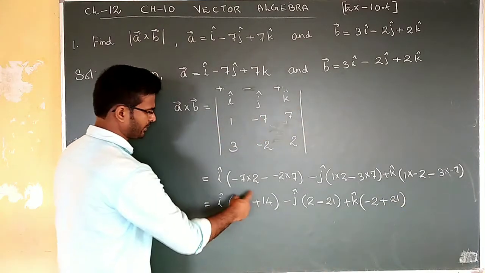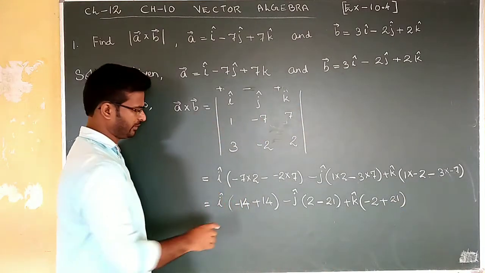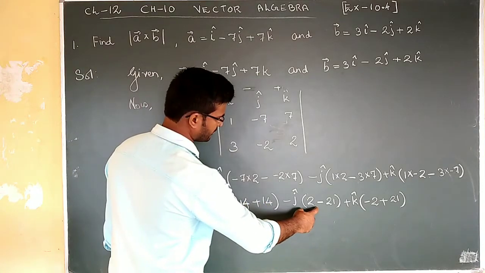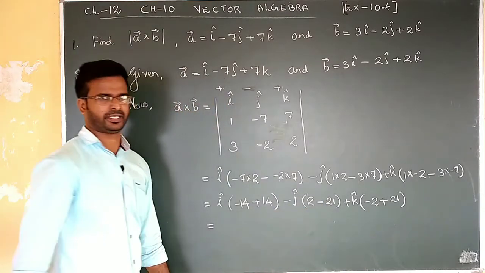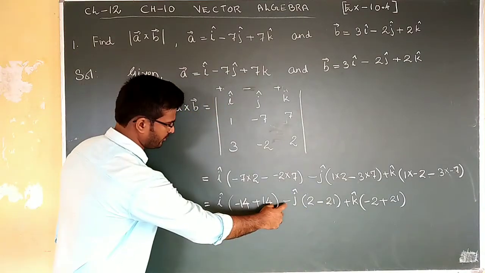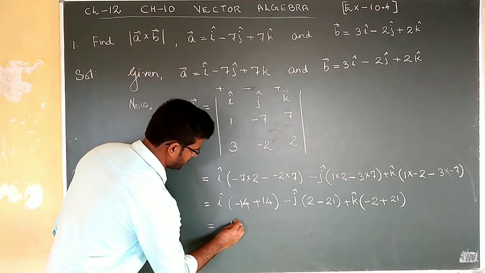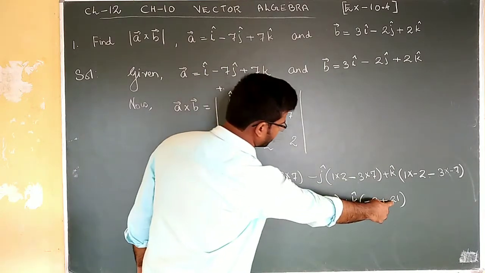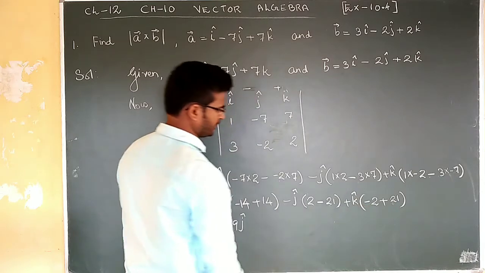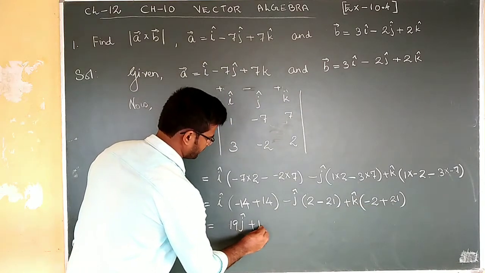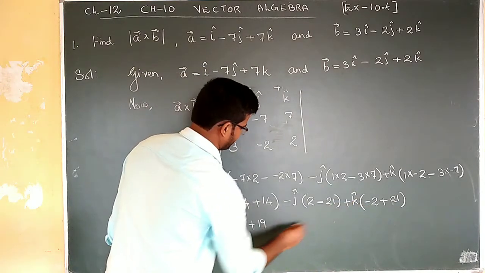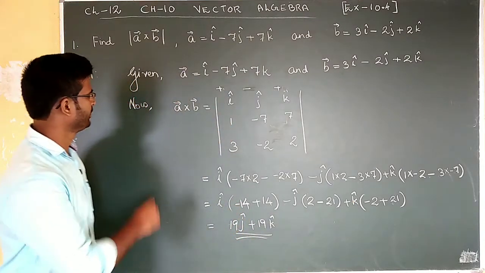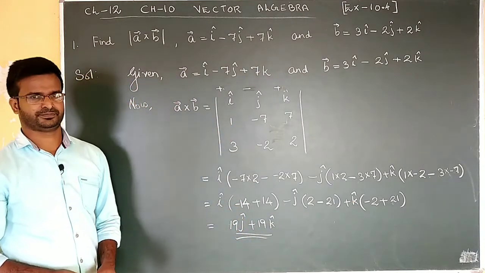What do we get for this part? This part will be 0 only: minus 14 plus 14, 0. Then here 2 minus 21 is minus 19. Minus 19 into minus j is plus 19j. Here 21 minus 2 is plus 19k. Okay, this is our A cross B vector.